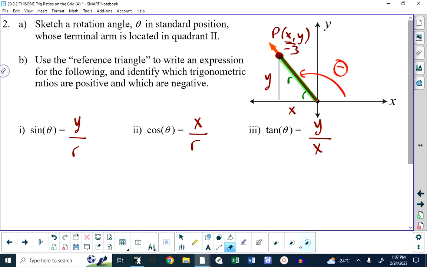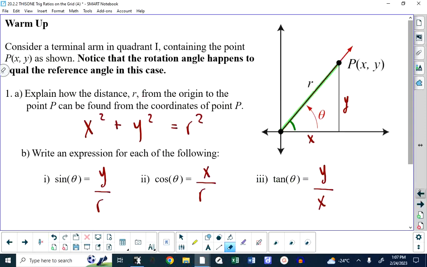Okay? So I'm telling you that these three definitions that I have for sine, cosine, and tangent here are identical to the ones I had here, and they're identical anywhere on the coordinate grid.